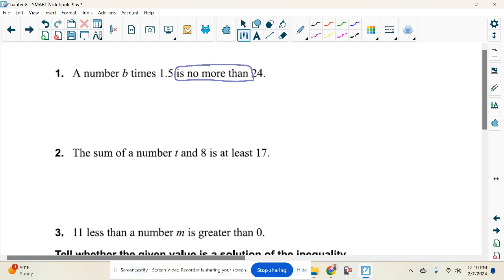I would flip back to my chart, to my keywords, to see what sign goes with is no more than. Which one is it? Less than or equal to. I'm going to go ahead and drop down my 24. And now I have the problem part, the expression, which is just b times 1.5 is less than or equal to 24.